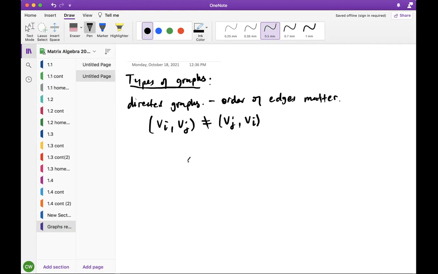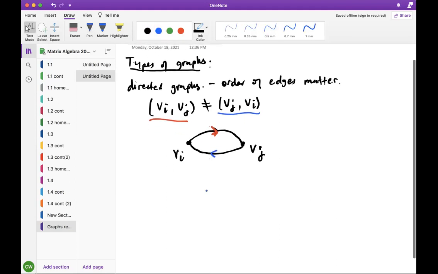If you have VI and VJ, this might be the edge VI, VJ, but going in the opposite direction would be VJ, VI.